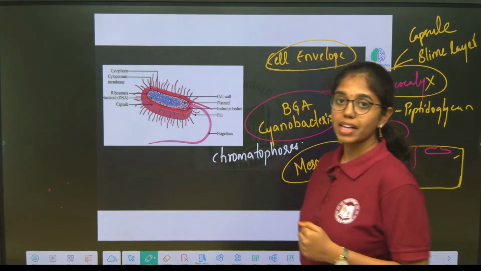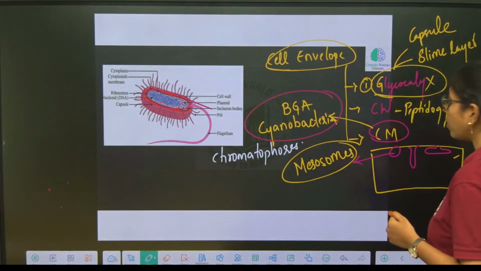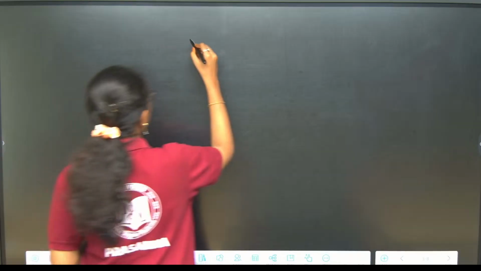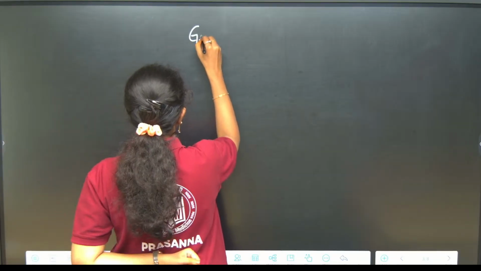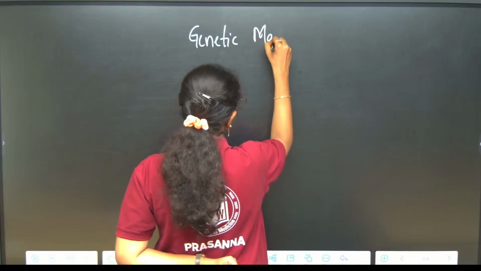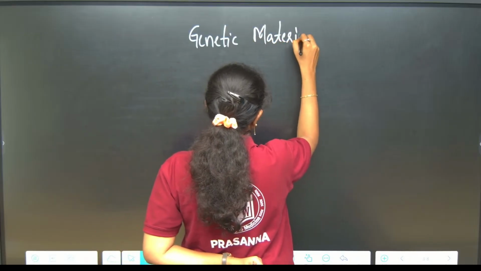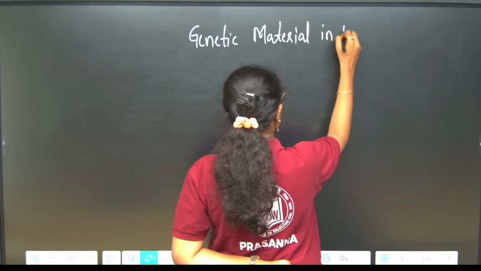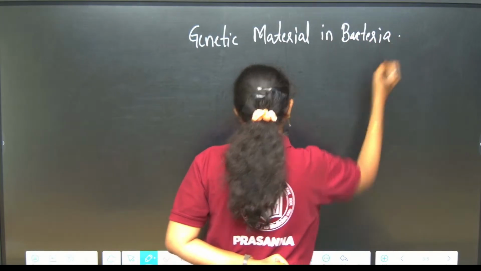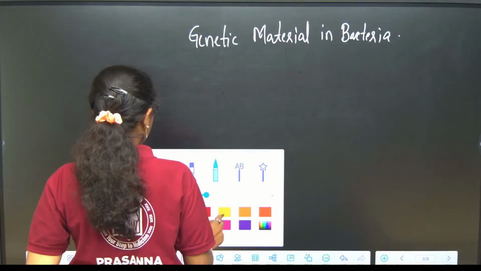Inside the cytoplasm of bacteria, you have 2 types of genetic material. Take down parallelly, genetic material in bacteria. It has 2 types of genetic material.